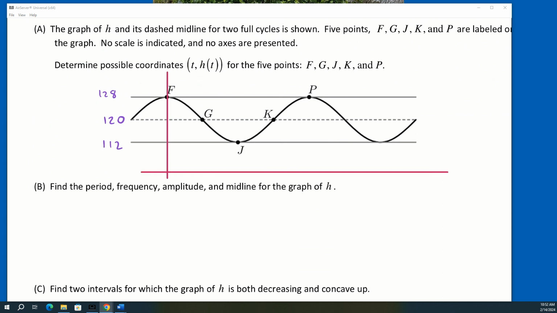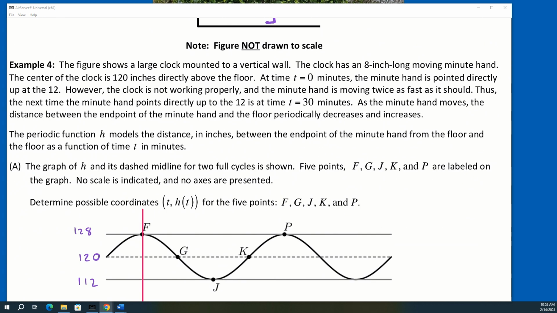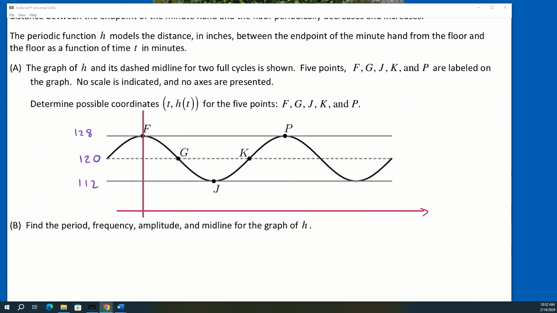Now this is a funky minute hand because it's going too fast. It does a full rotation in 30 minutes. So maximum to maximum is going to be 30 minutes.